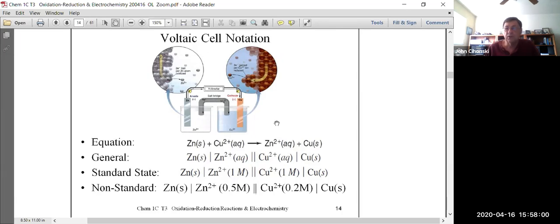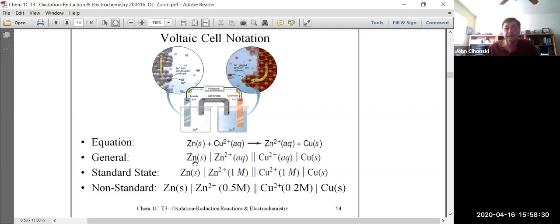So instead of drawing this diagram, we could use a notation that will allow us to reconstruct what we have up here. So what we do is we start, and this is just a general equation. It says essentially what's occurring, but it tells us how to build the circuit or the battery or the cell, whatever you want to call it.